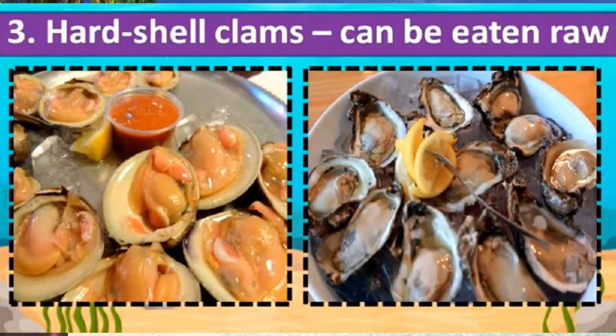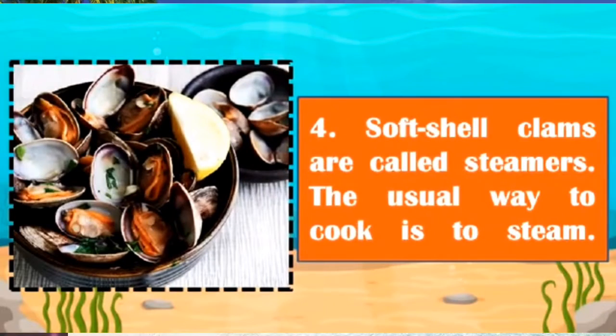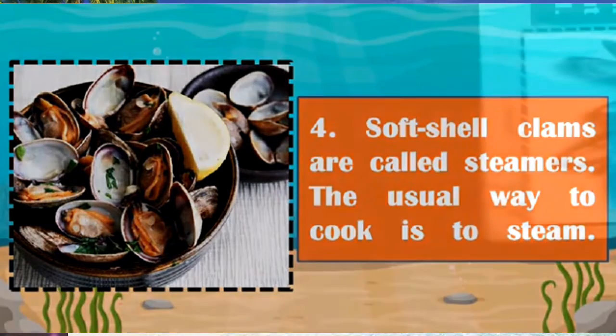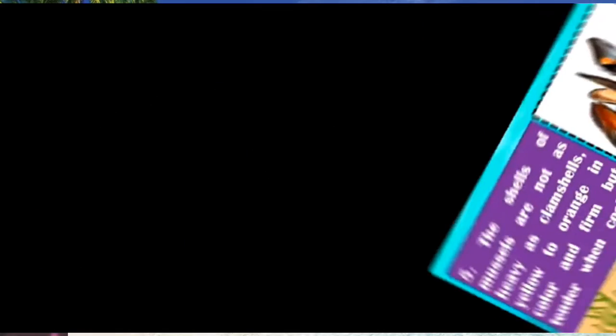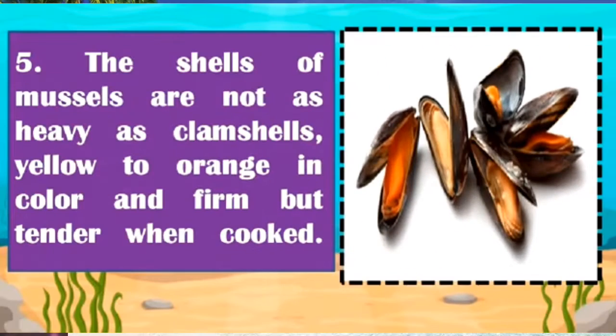Hardshell clams can be eaten raw. Softshell clams are called steamers. The usual way to cook is to steam. The shells of mussels are not as heavy as clam shells.